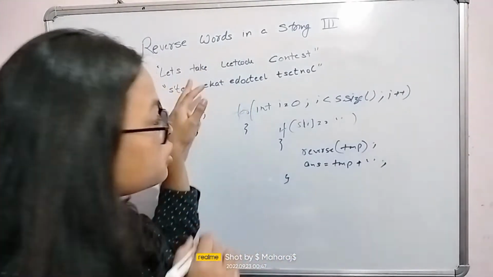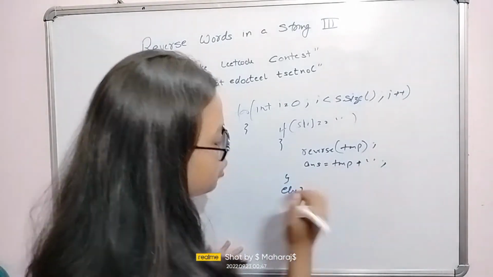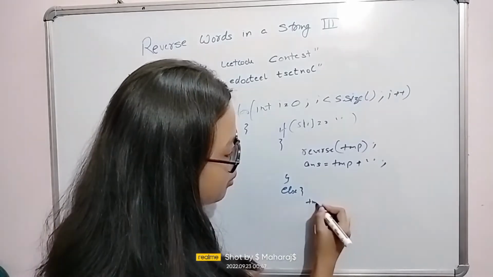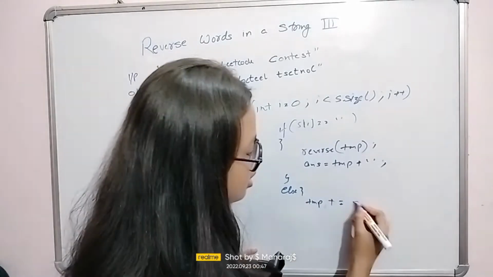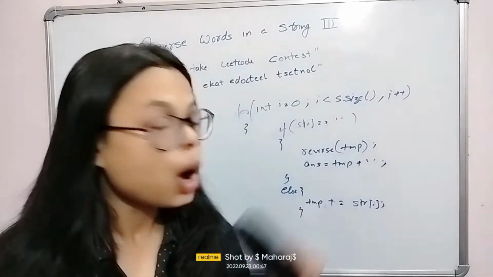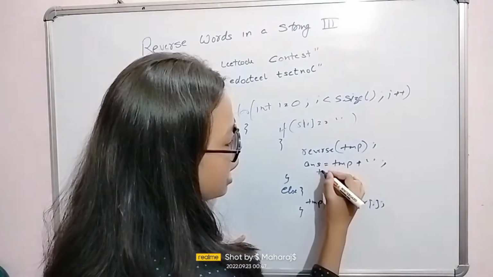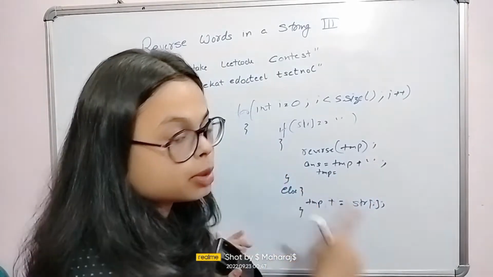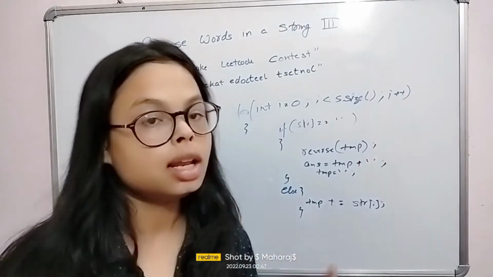Now if it is not a space, in the else part we will have this temporary variable plus equals s of i, right? Also in the if part, after reversing the temporary variable, we will set temp to null again.